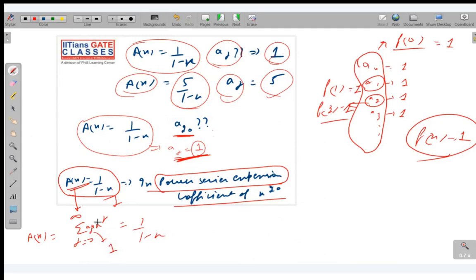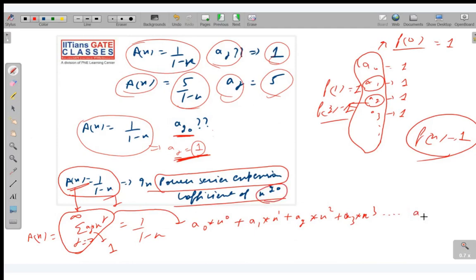Now if you expand it, that is your power series expansion. So what will be your answer? A0 into X power 0 plus, because sigma means sum, A1 into X power 1 plus A2 into X power 2 plus A3 into X power 3 and so on. They are asking the coefficient of X power 20.